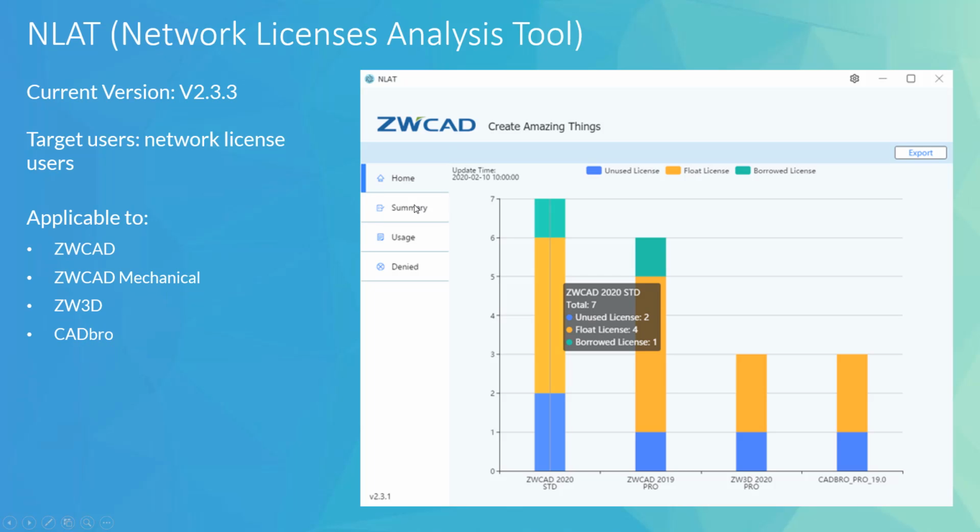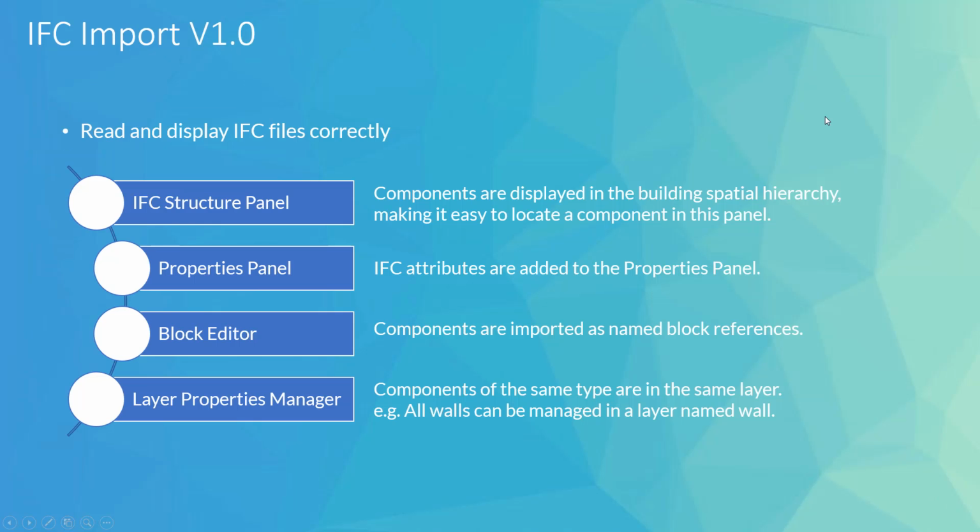First we can see the summary usage, and we can also check the detailed usage for each user. There are also some settings here, like managing who can get the floating license and who can borrow the license. So it has management by this tool.